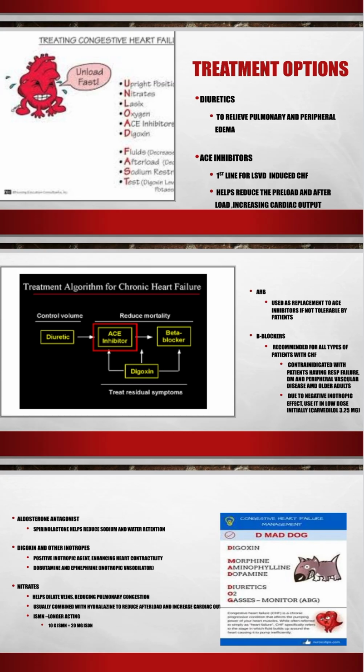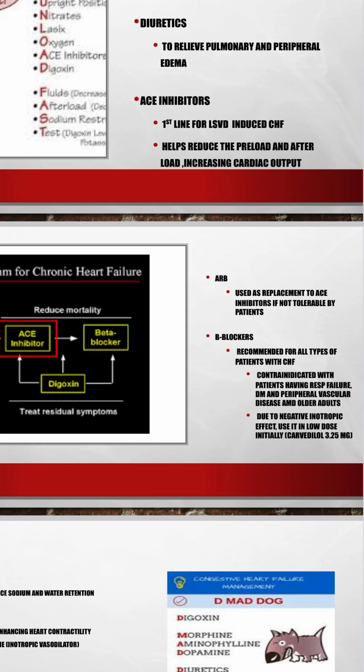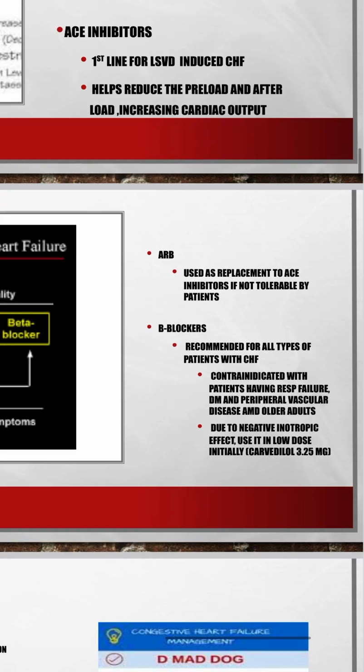These inhibitors help reduce the preload as well as the afterload, which would really help increase the cardiac output of a person having a failing heart. Of course, we also consider other lines of medications, which include ARBs, or the angiotensin 2 receptor blockers. ARBs are used to replace ACE inhibitors.